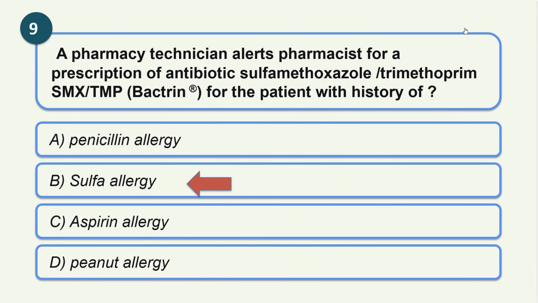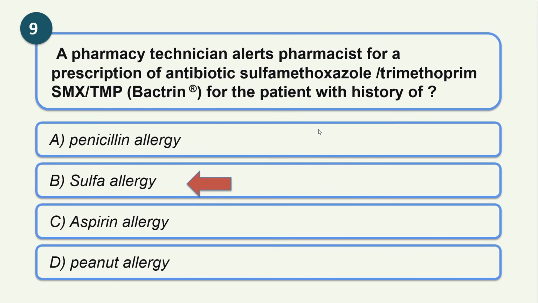Sulfamethoxazole-trimethoprim, or SMX-TMP, brand name Bactrim, belongs to the sulfonamide class of drugs. So therefore, it can cause cross allergy with those drugs that have a sulfonamide group, such as the antidiabetic drug glyburide and other medications, or the COX-2 inhibitor celecoxib, which also has a sulfonamide group.